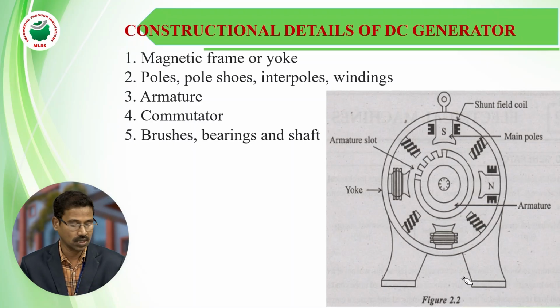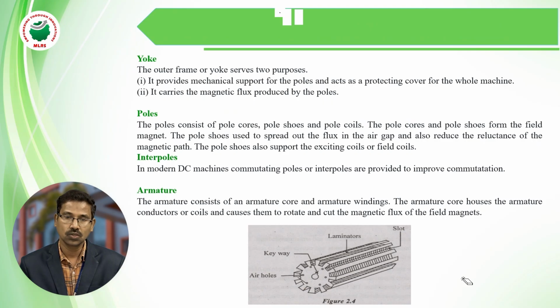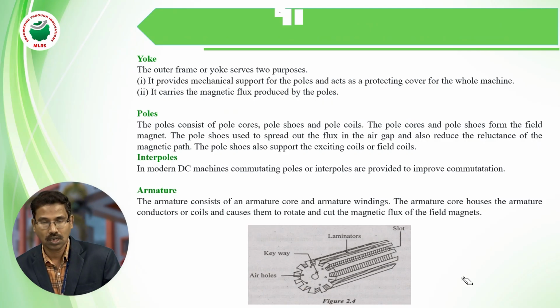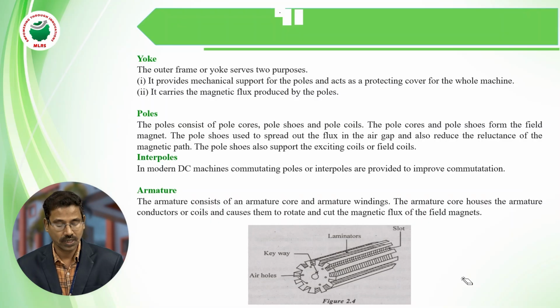Let us start with the first one, the magnetic frame or yoke. What do you mean by yoke or the magnetic frame? It is the outer frame, which is nothing but a protective layer of the entire generator. It performs certain things.